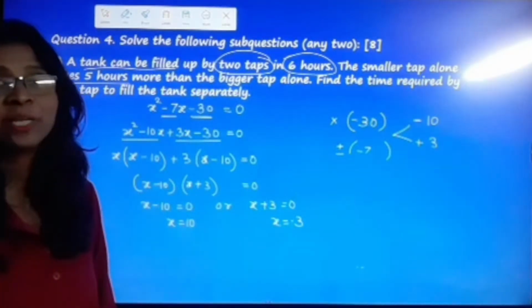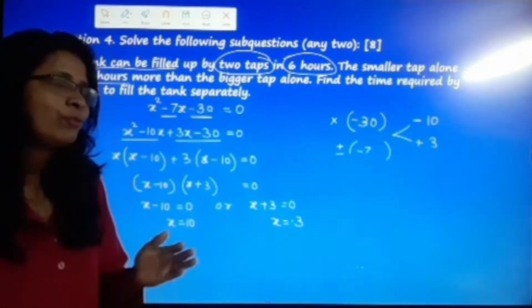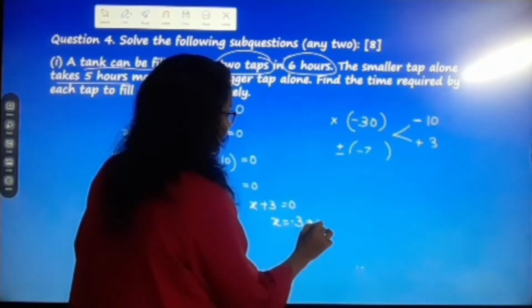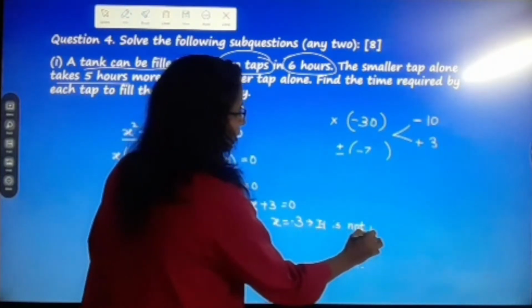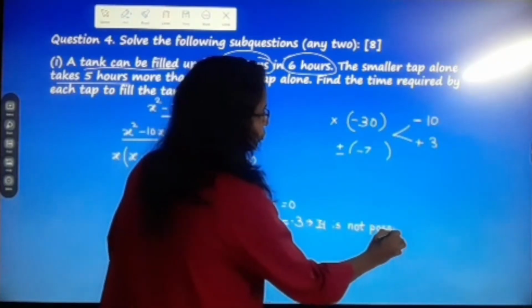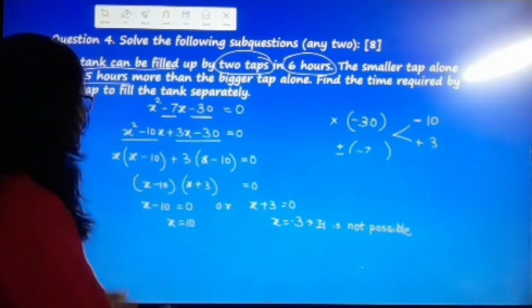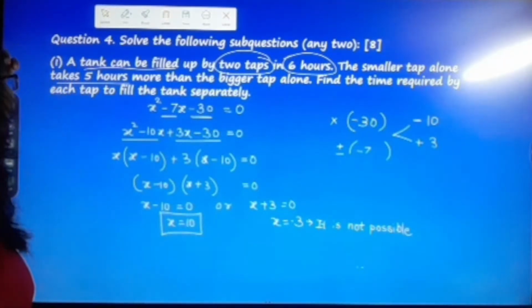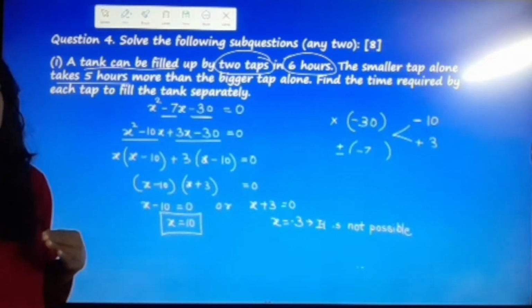So now x is equal to minus 3 is not possible, so this is not applicable. So which answer is possible? The answer is x is equal to 10. So which we have to write down, that the x is equal to 10.